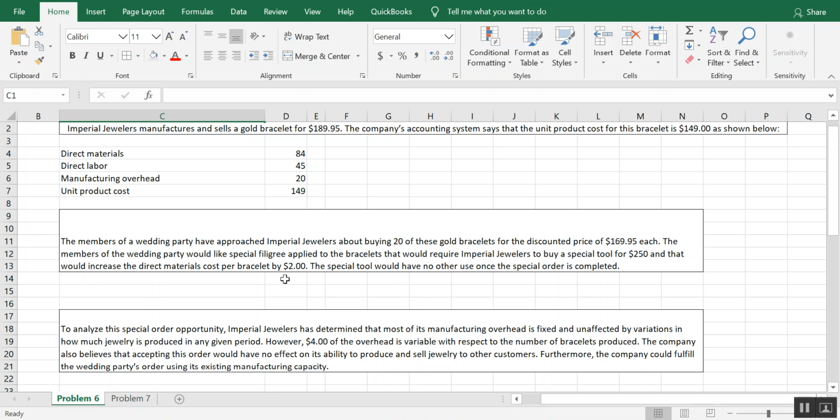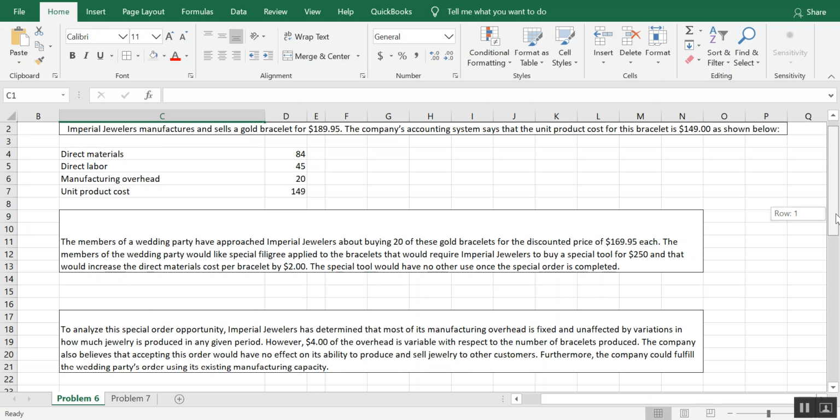In addition, we need to consider the additional cost for material for the bracelets of $2 each and the cost of the tool that we're going to buy specifically to fill this order.